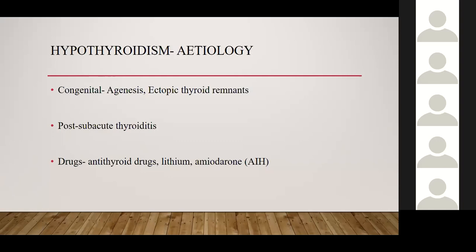hypothyroidism. If you look at amiodarone, it can actually cause hypo and then hyper. Okay, amiodarone, when you take it for some time, has this effect of destroying the thyroid gland, and when it destroys the thyroid gland, definitely you develop hypothyroidism. So that's like the long-term effect of amiodarone. But the short-term effect of amiodarone, because amiodarone has some effect on iodine, as the name you can see, actually you can see iodine in amiodarone.